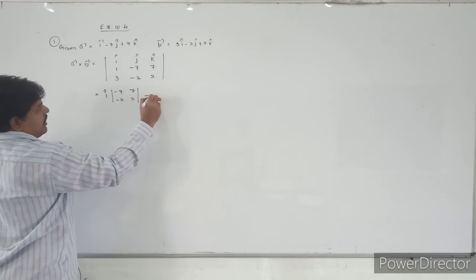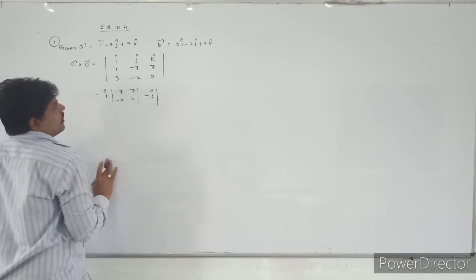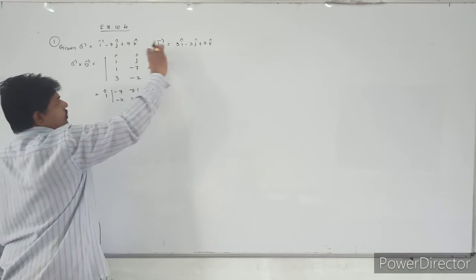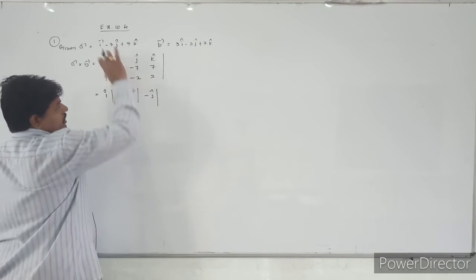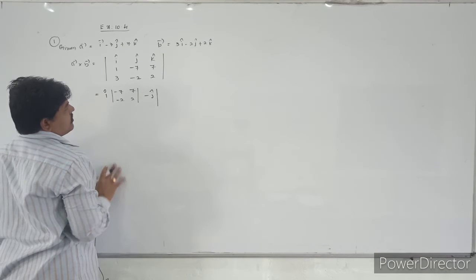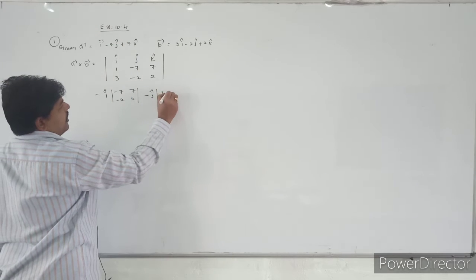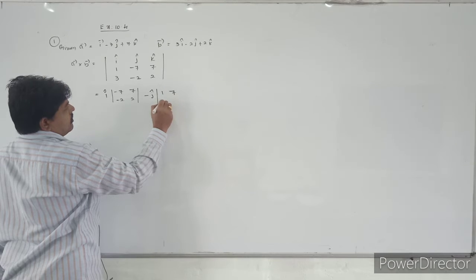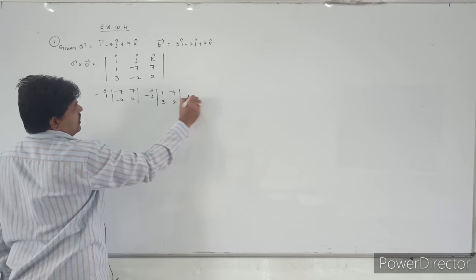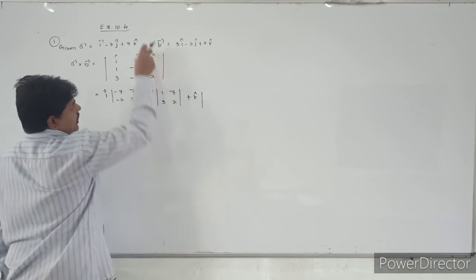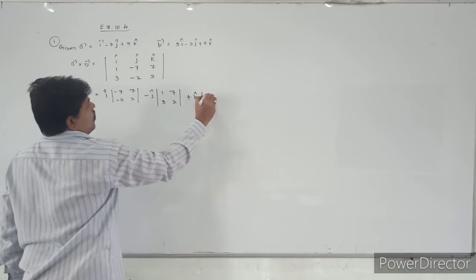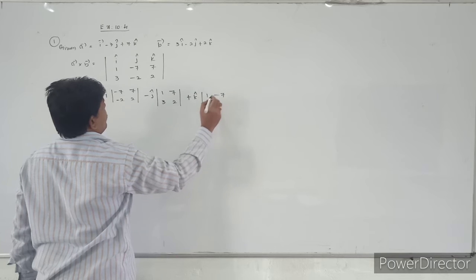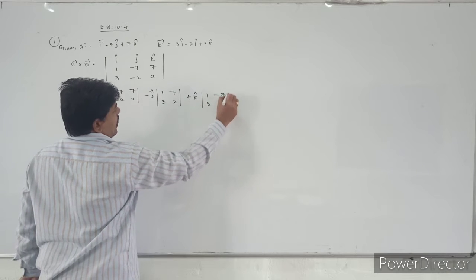Next, minus j cap, delete the row and the column, the remaining determinant is 1, 7, 3 and 2. Plus k cap, delete the row and the column, the remaining determinant is 1, minus 7, 3 and minus 2.